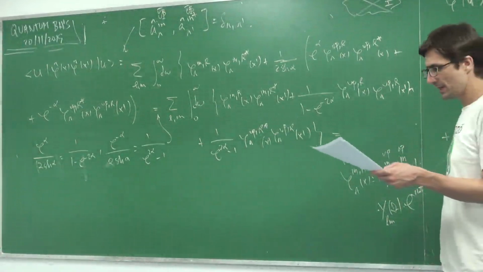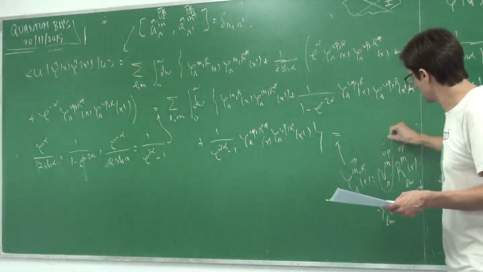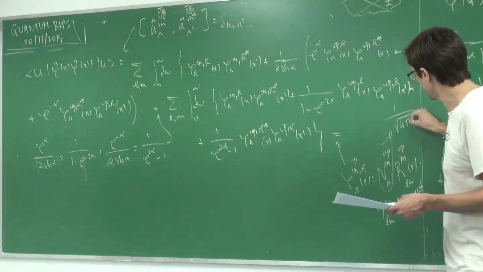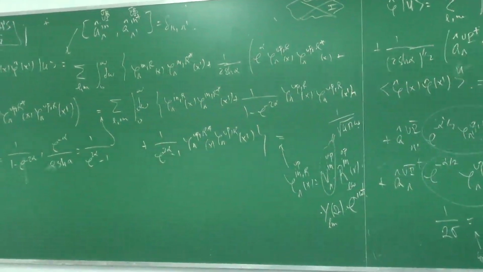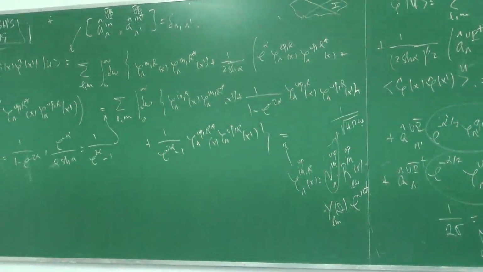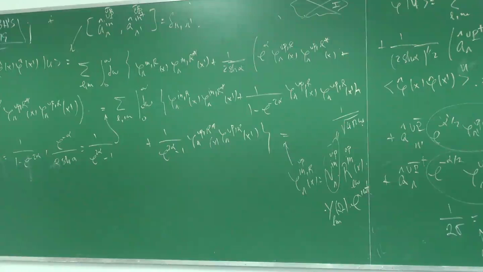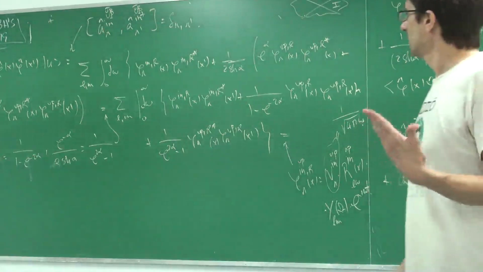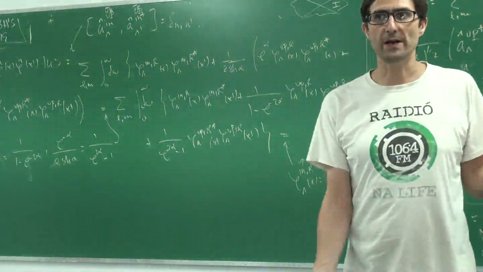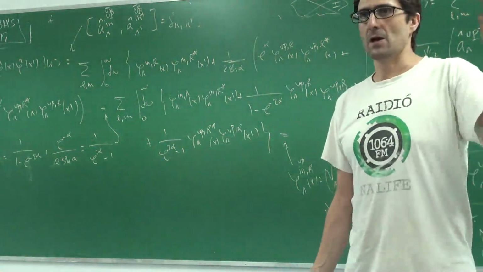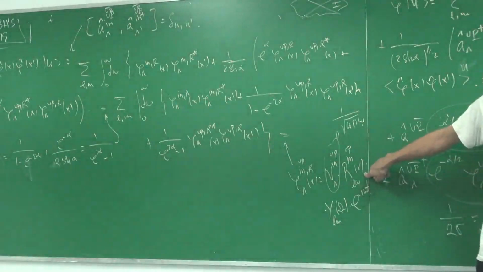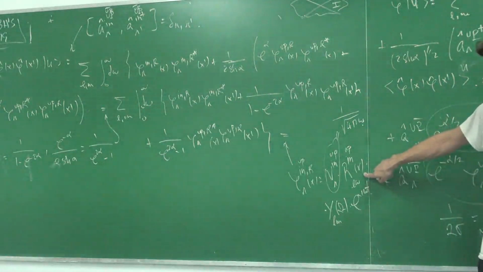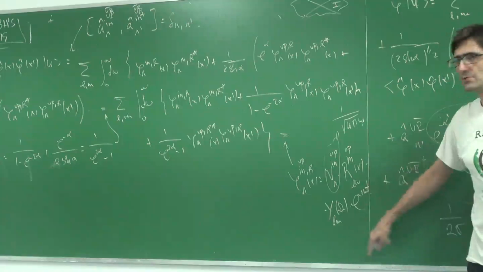And this was 1 over the square root of 4 pi omega. You use this. Also, Schwarzschild space-time is spherically symmetric. A consequence of that is that the radial functions do not depend on m. All the m dependence goes into the y's.